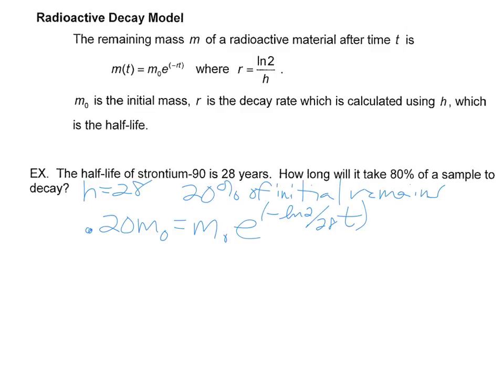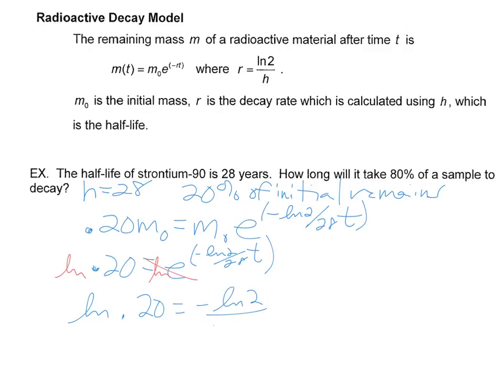Now I can divide out the m naughts and have 0.20 equals e to the power of negative natural log of 2 over 28 t, and we will natural log both sides. Natural log of 0.20 is negative natural log of 2 over 28 t. Now I can multiply both sides by 28.